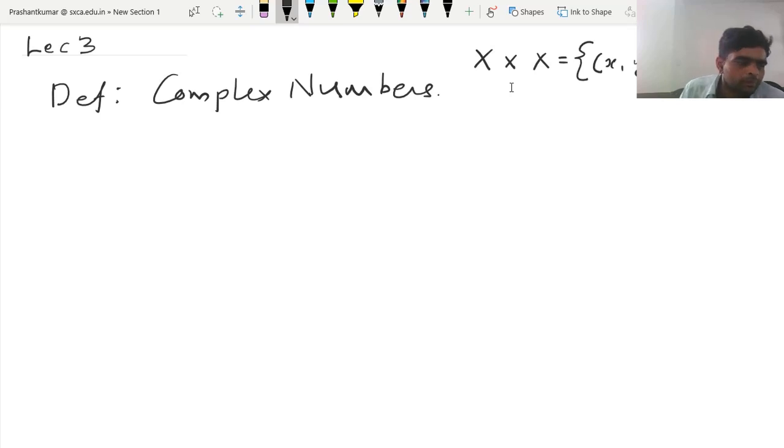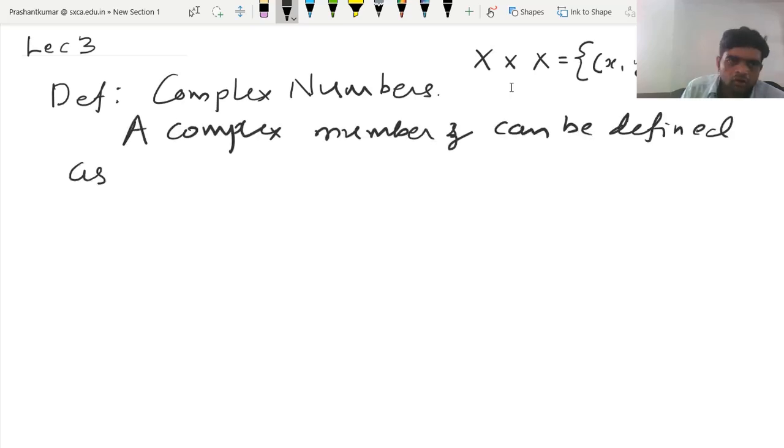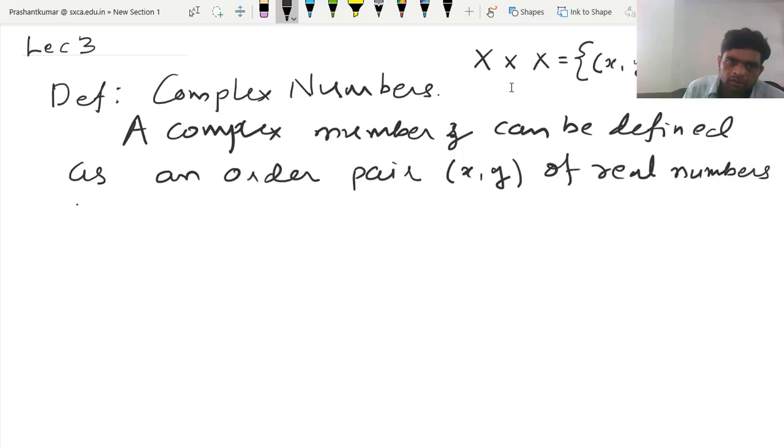So a complex number z can be defined as an ordered pair (x, y) of real numbers x and y. That is, z is equal to (x, y).